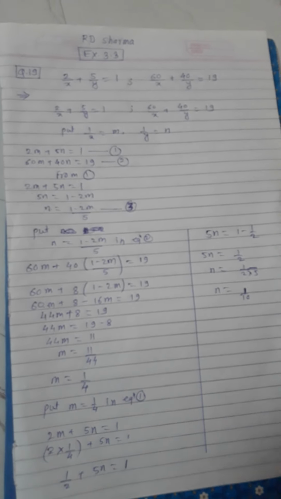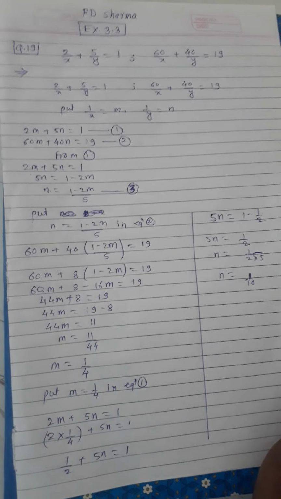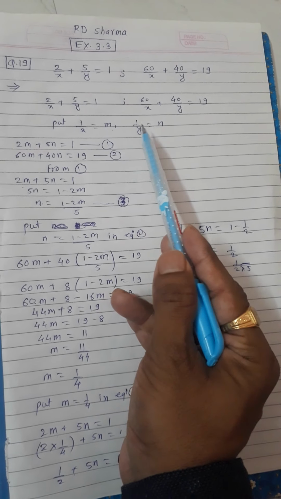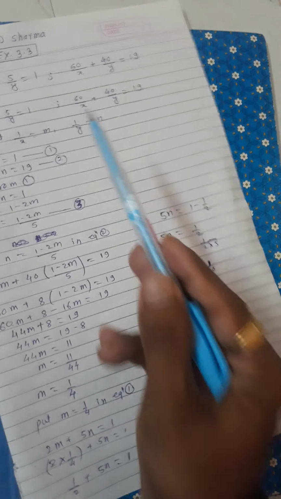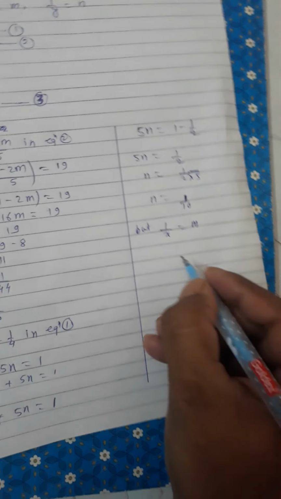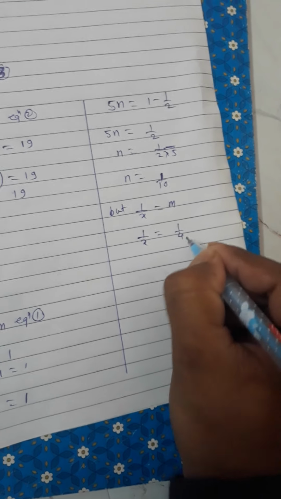But our problem is in x and y, so we have to find the values of x and y. But 1 by x is equal to m and 1 by y is equal to n. Therefore 1 by x is equal to the value of m, which is 1 by 4. So 1 by x is equal to 1 by 4.